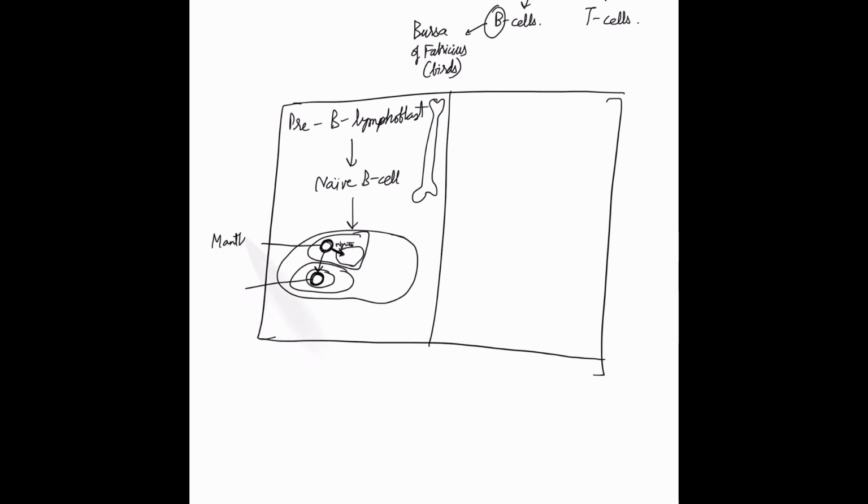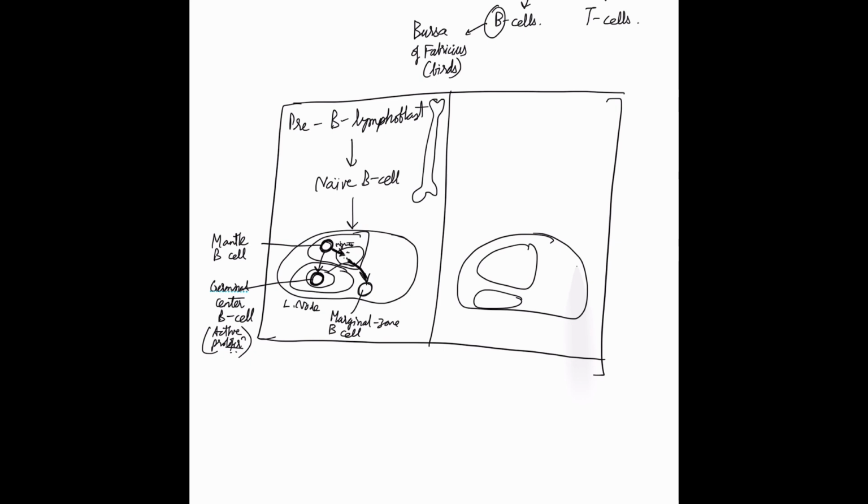So a naive B cell migrates from the bone marrow to the mantle zone of a lymph node, wherein it migrates to the germinal center, and from the germinal center you can migrate to the marginal zone as well, where you get these various types of B cells. Germinal center is where the B cells actively proliferate.